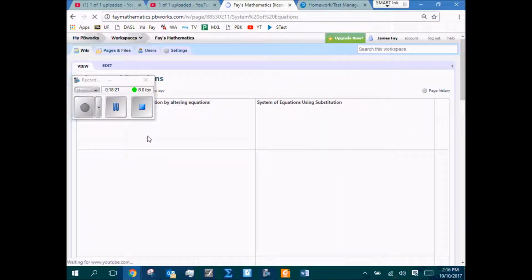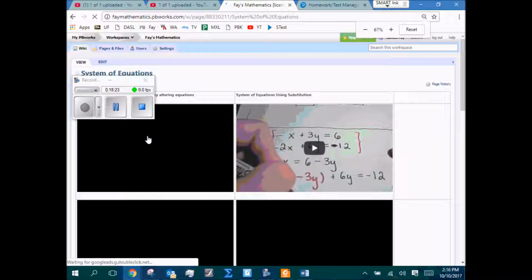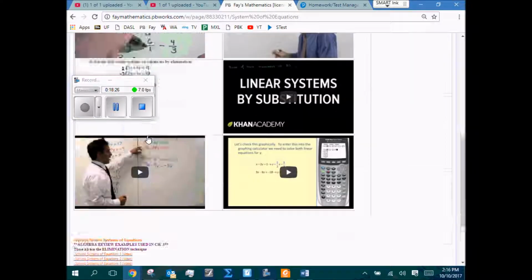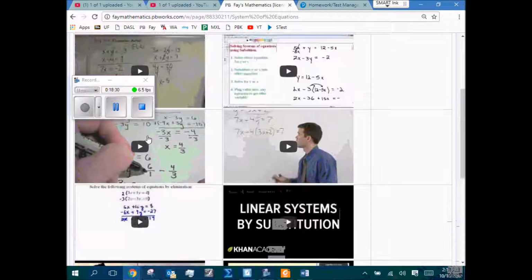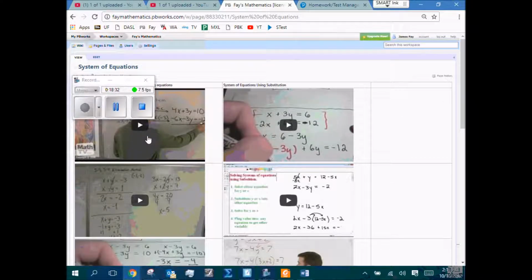Click System of Equations, and you can go through. There's hundreds of examples throughout there that you can watch. They explain it as if you're in an Algebra 1 class and it's being explained for you the first time ever. But you have to take that initiative on your own if you want to be good at this stuff, to go watch those. Does that make sense?